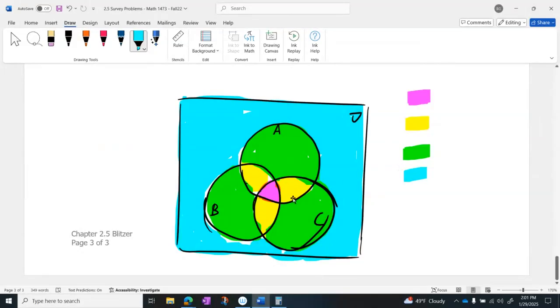So the pink region includes collectors who collect exactly 3 types of memorabilia. All the 3. So exactly 3.